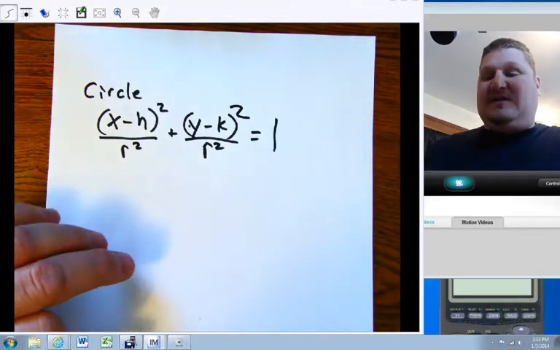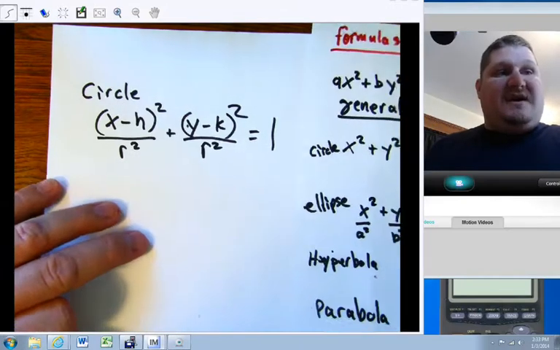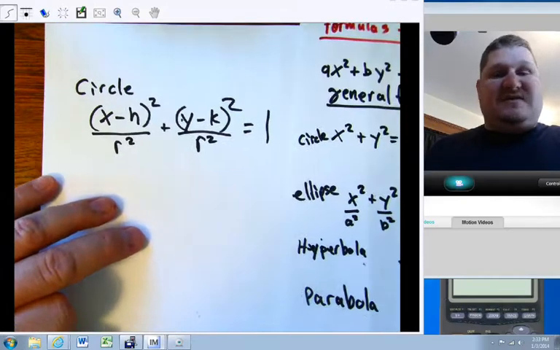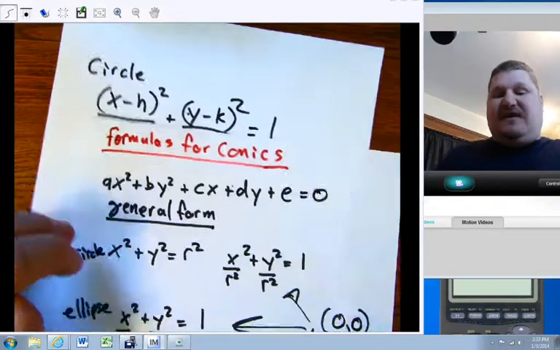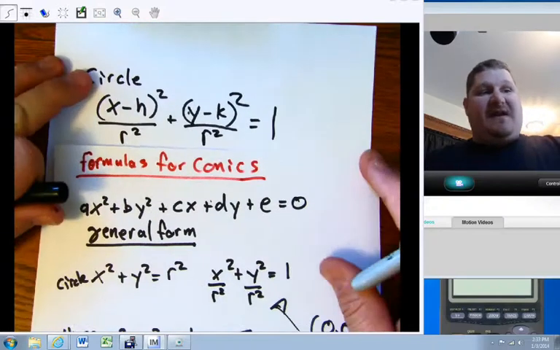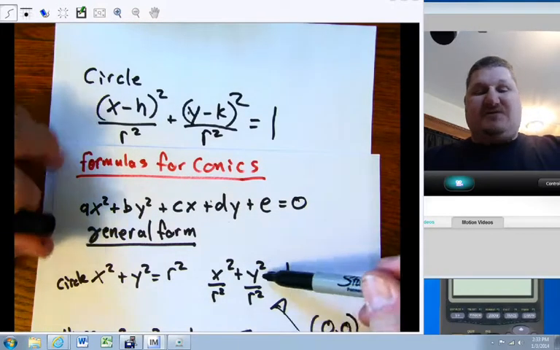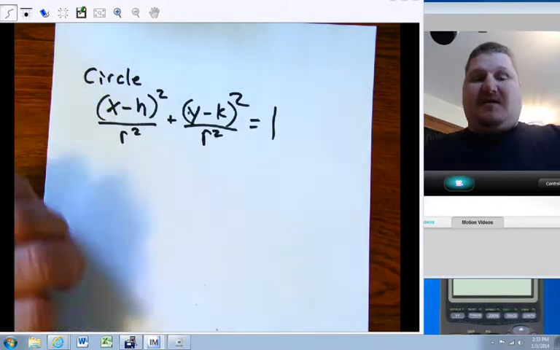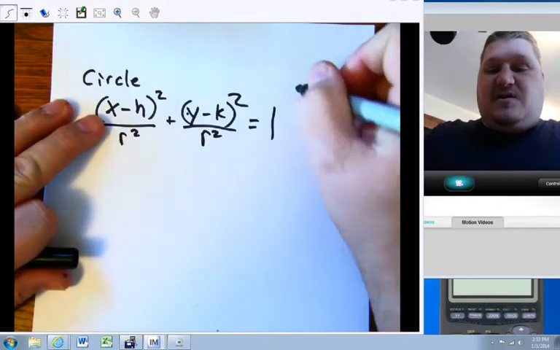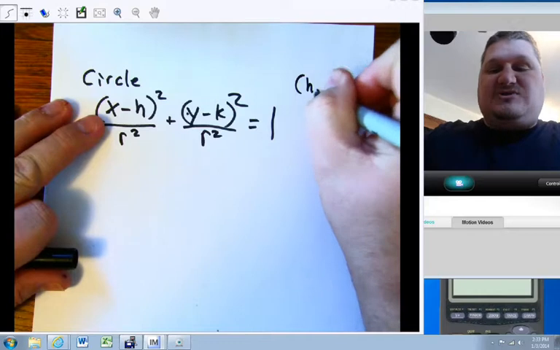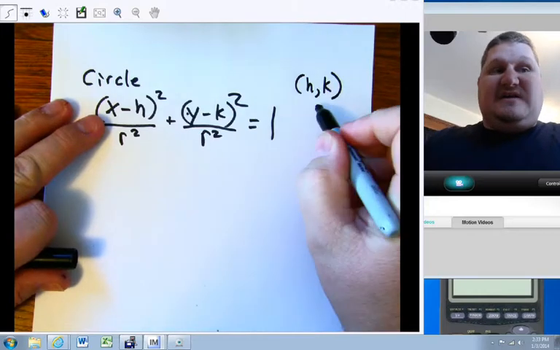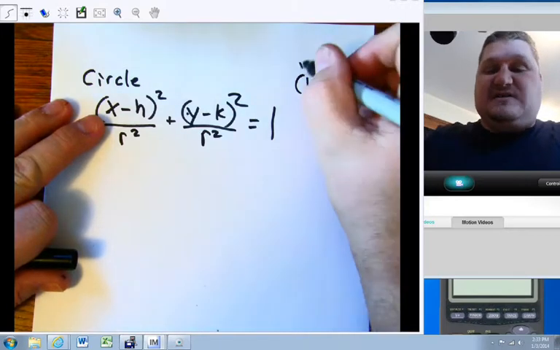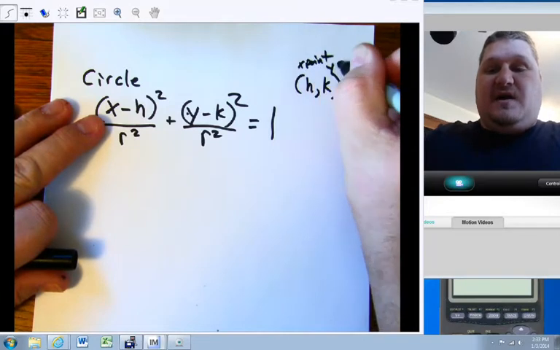The only difference between our previous equation and this equation is that now, instead of just x squared and y squared, we have x minus h, y minus k. The center and our key point here is now going to be at h, k. The reason we don't use x and y is they're already used. This is the x point. This is the y point.